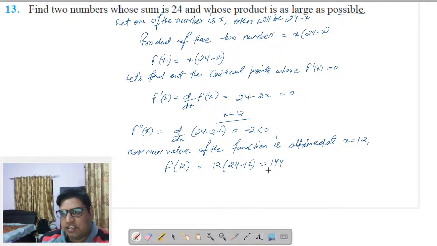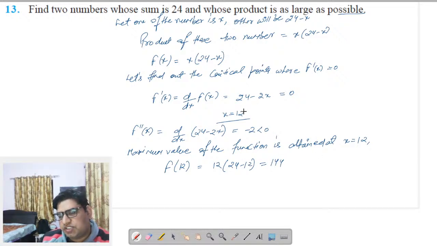So that is the value of the function, and if we need to find out the two numbers as well, we need to find two numbers whose sum is 24. So one of the numbers has to be 12 and the other number is also 12, and their product is 144.